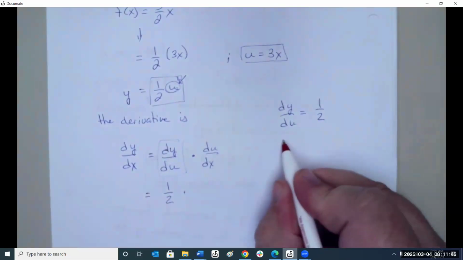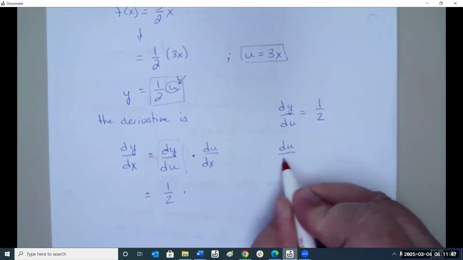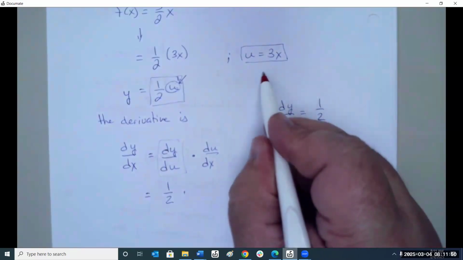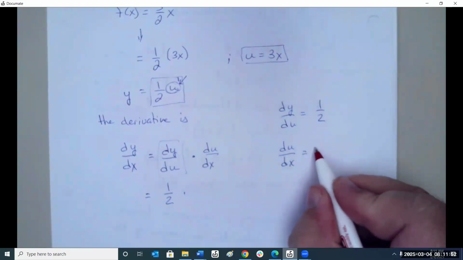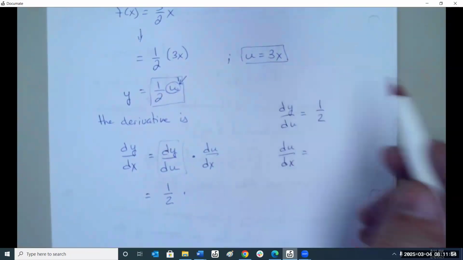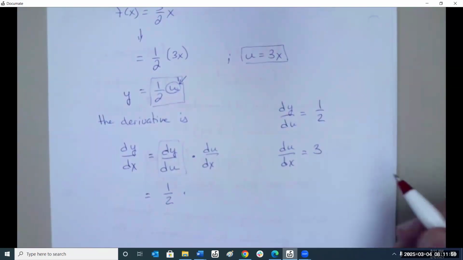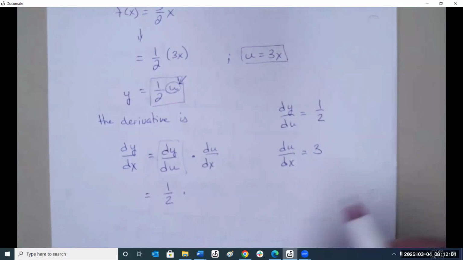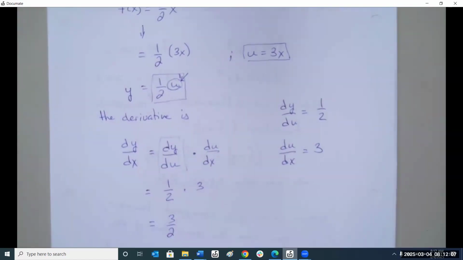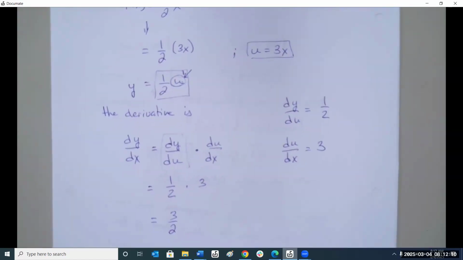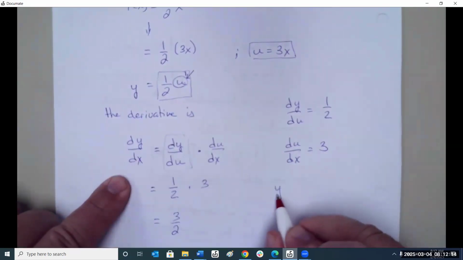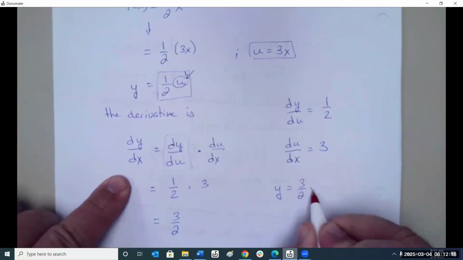What about du dx? Here's what u is. What's the derivative of this one? It's just 3. So multiply these together, we get 3 over 2. But remember, our original equation was 3 over 2x.